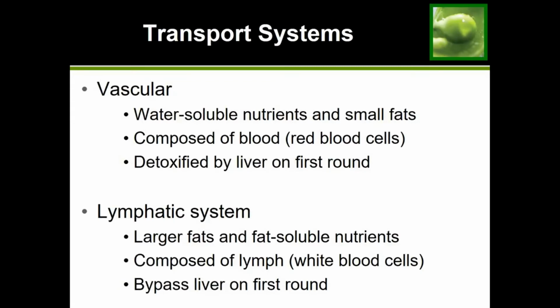The vascular system, any nutrients that pass through the system are going to be detoxified by the liver from their very first round around the body. The nutrients that go through the lymphatic system are actually going to bypass the liver on the first round. Now this will make a little bit more sense in a minute when we go ahead and look at the diagram. So let's go ahead and look at that.